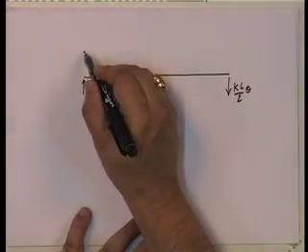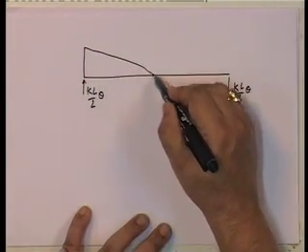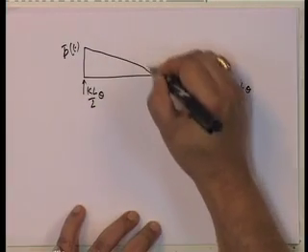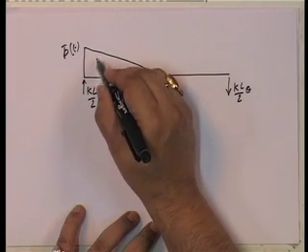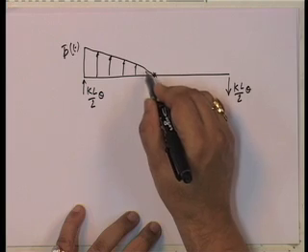Then I have p bar of t, which is going upwards.